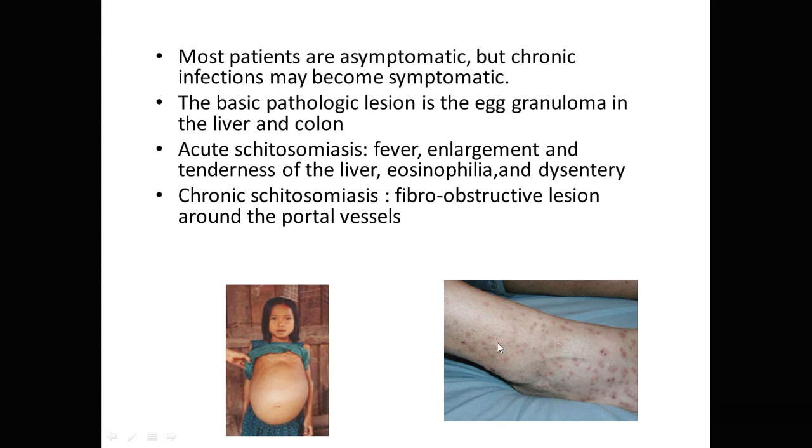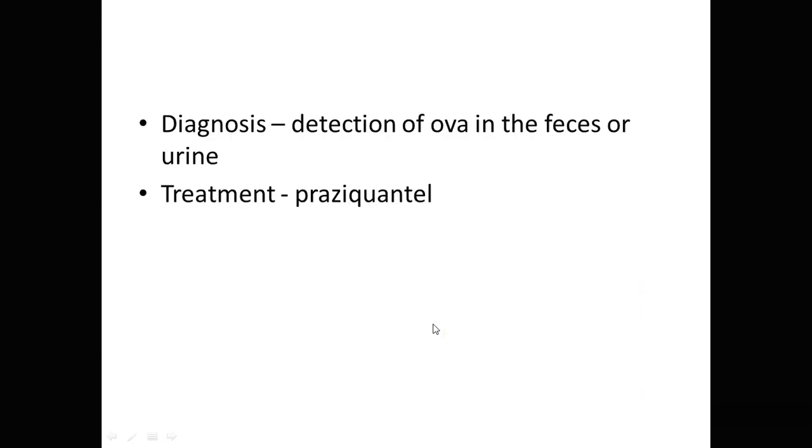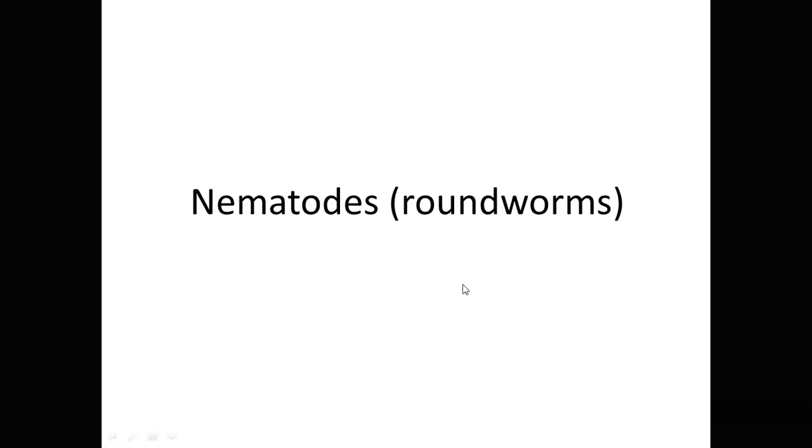There can be also rash on the skin, and rash can develop when the larvae burrows the skin and enters the body. And at late stage, we have giant spleen, ascites, hypertension of the portal venous system. Diagnosis is based on detection of ova. Different species have different ova of different morphology, and treatment is praziquantel.